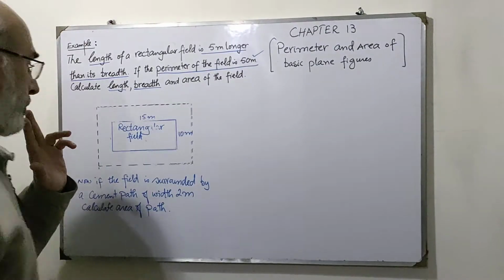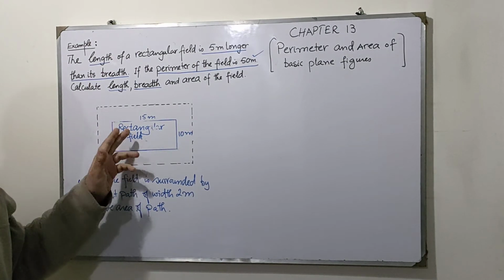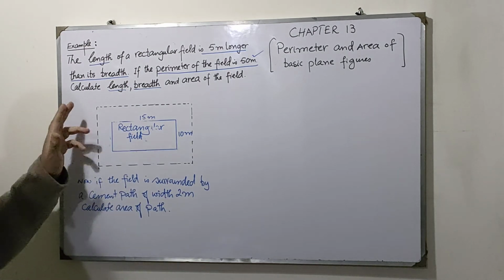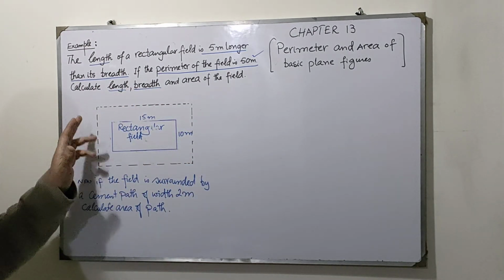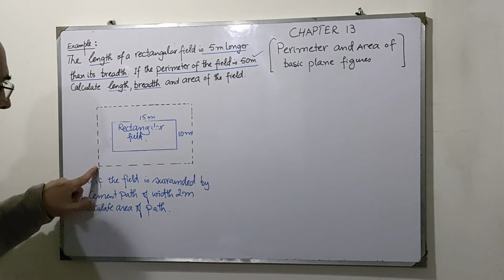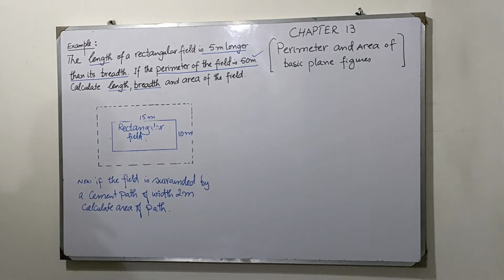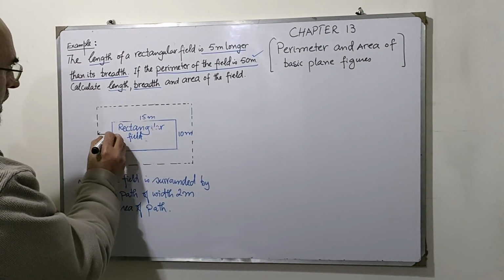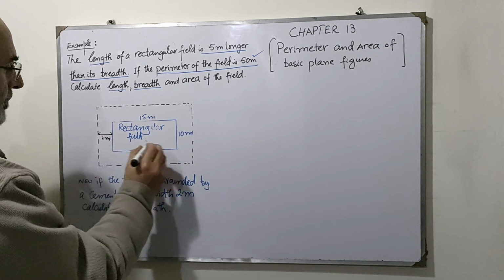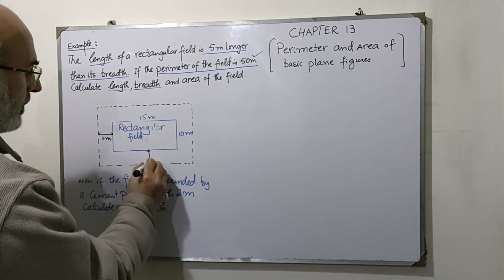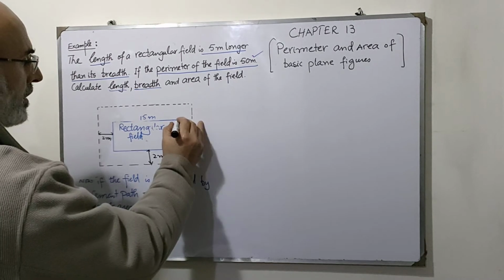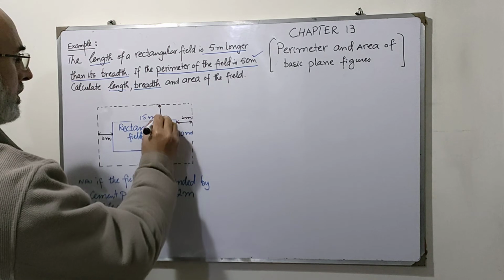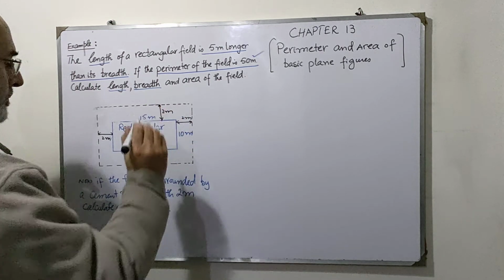This field is now surrounded by a cemented path, and the width of this path, from here to here, is 2 meters on every side.